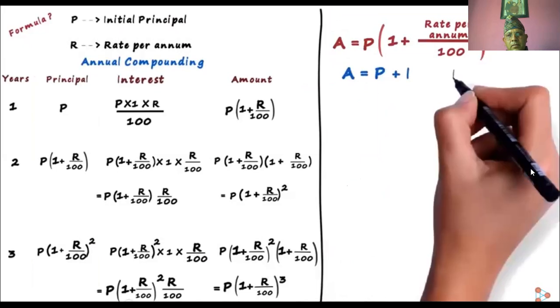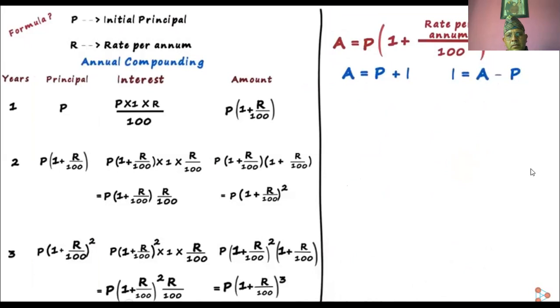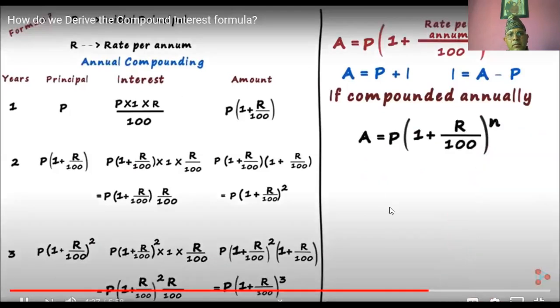So the interest is calculated as total amount minus the principal. And remember, this P is the initial principal. So if it is compounded annually, the rate per annum will be R and the number of time periods will be N. The amount received will be P multiplied by 1 plus R by 100 raised to N.